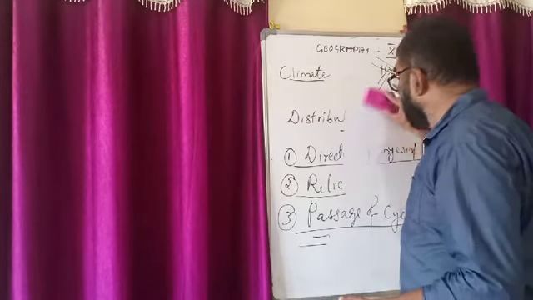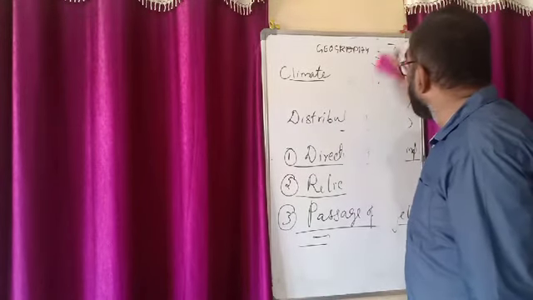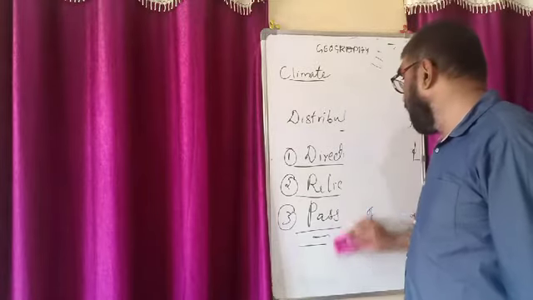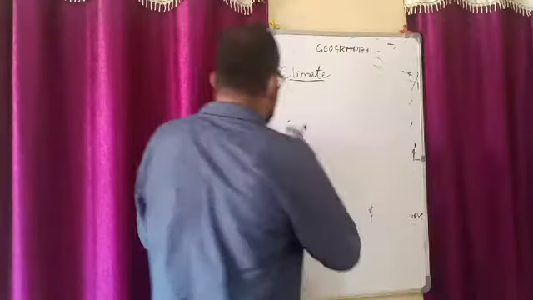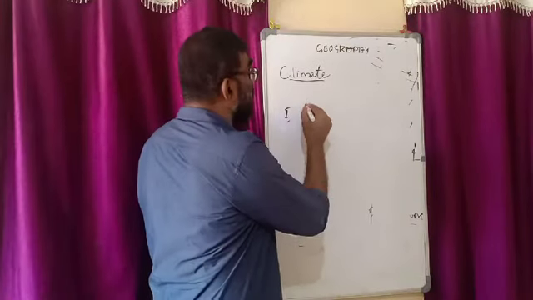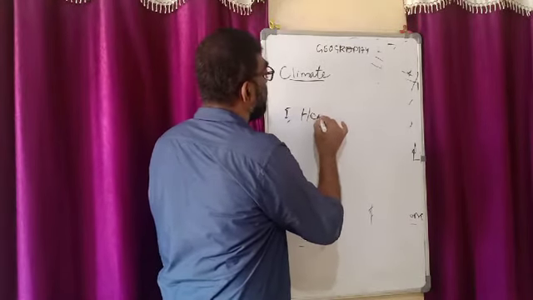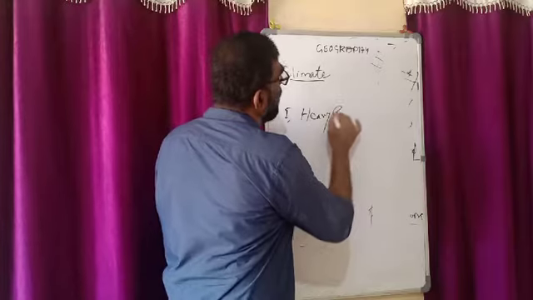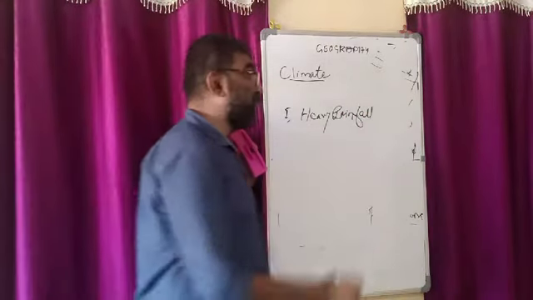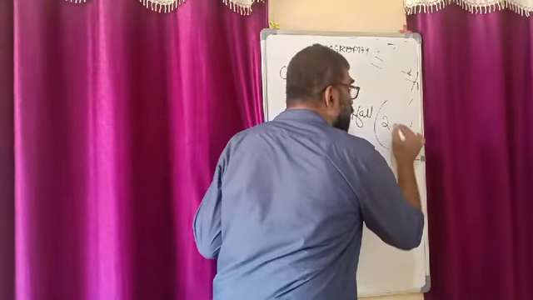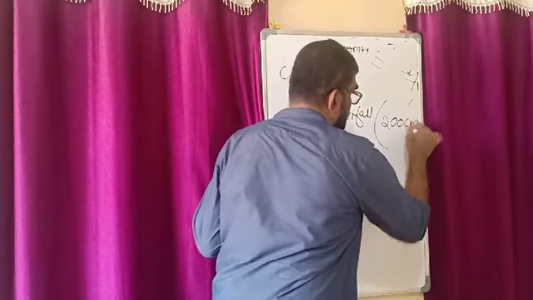Based on this, we have four different rainfall areas. Areas of heavy rainfall: rainfall above 200 centimeters.